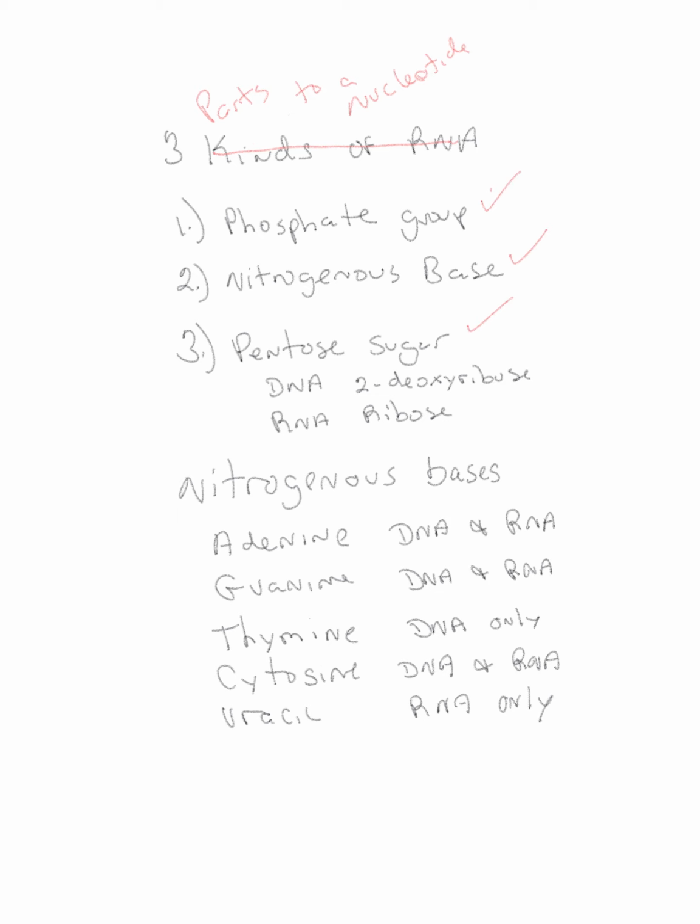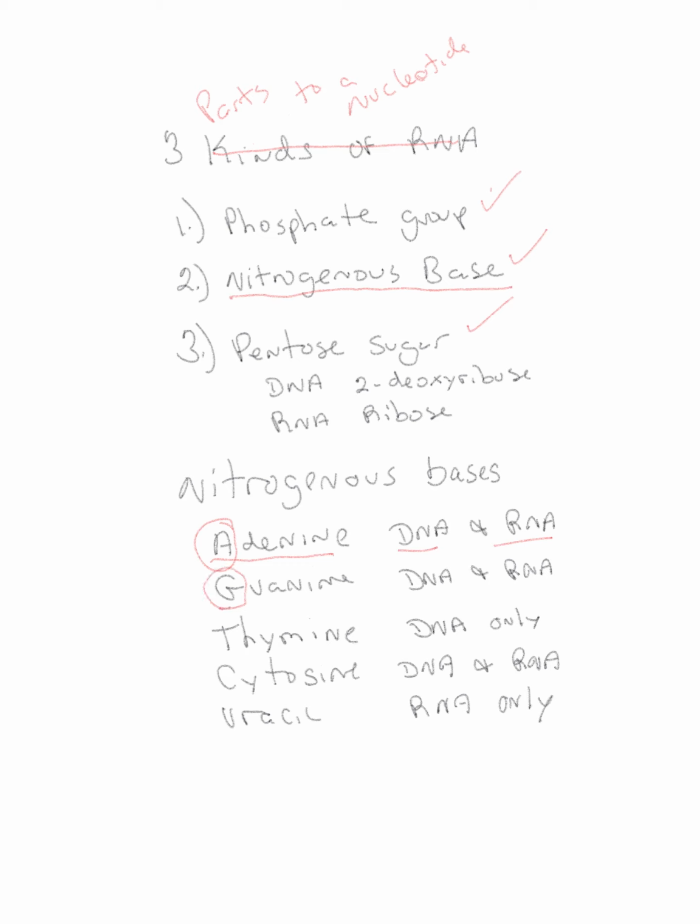Now, the nitrogenous base is what varies between different RNAs and different DNAs. You can find adenine, and the symbol that's used is A. Adenine can be found in DNA and RNA.